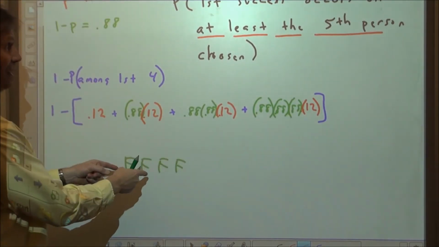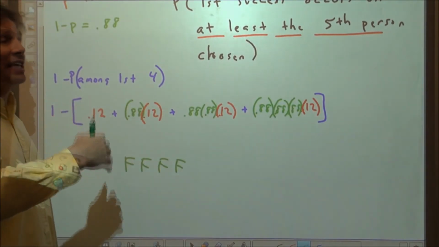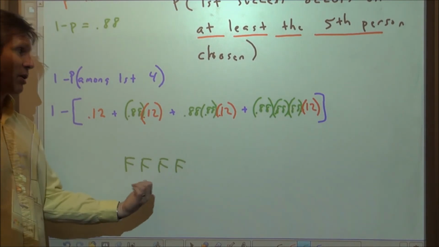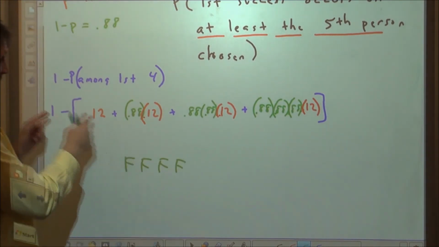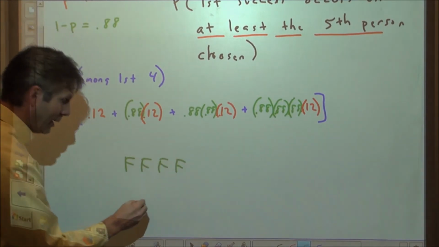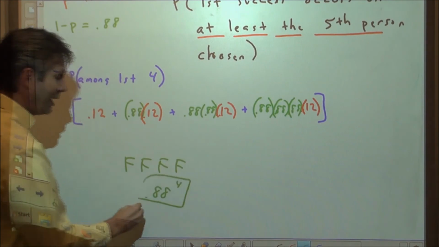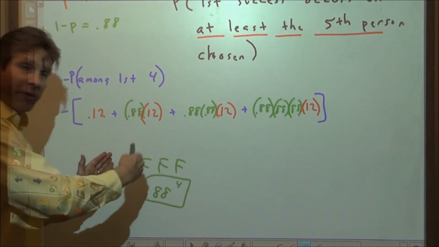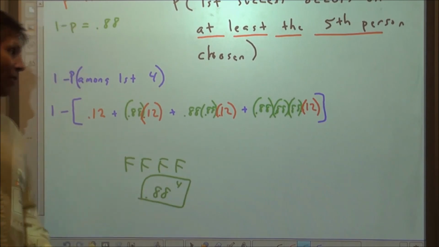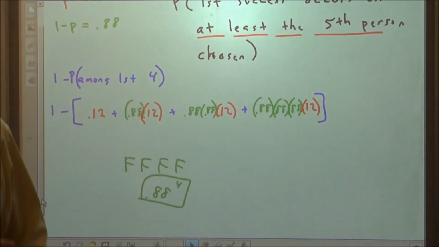So this is actually equivalent to the probability of it taking until at least your 5th trial to get your first success. That's the quickest thing by far. This is faster than doing that. So it's 0.88 to the 4th power, and you are done. If you do 0.88 to the 4th power, that's the probability that you started out with 4 failures. That guarantees that your first success isn't occurring until at least your 5th trial. So just a little bit of fun with geometric. Good luck with those.